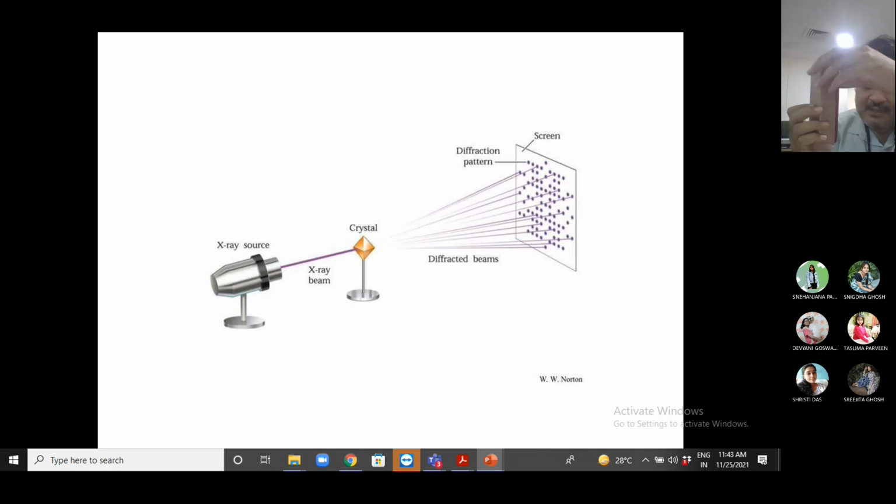As we rotate it, the lattice planes start coming at various angles, and since they come at various angles, the nature of these diffracted beams also changes.